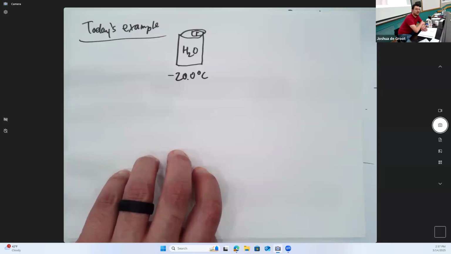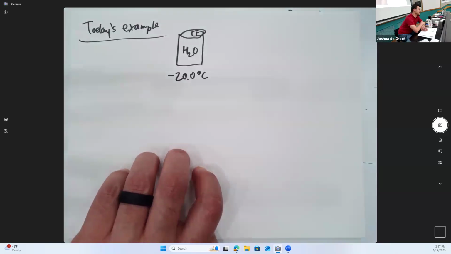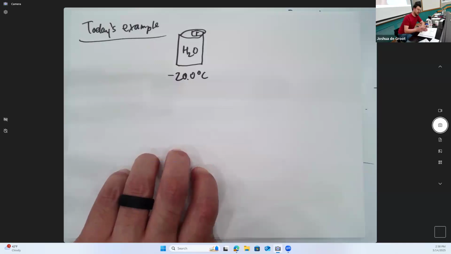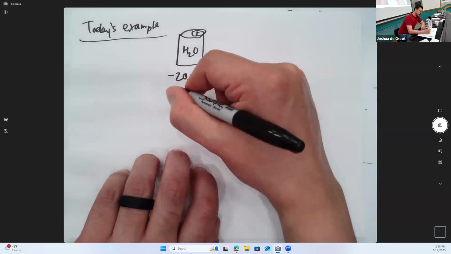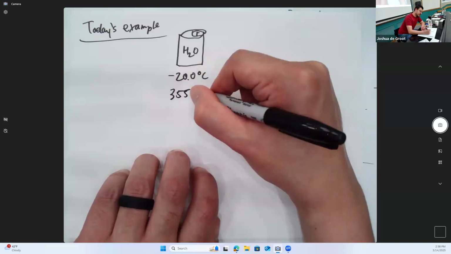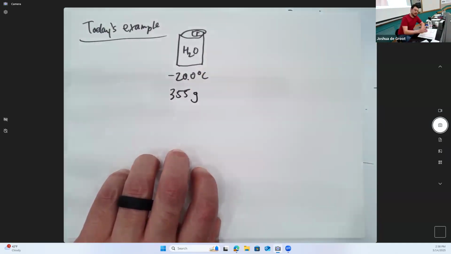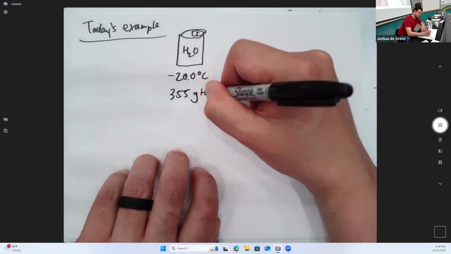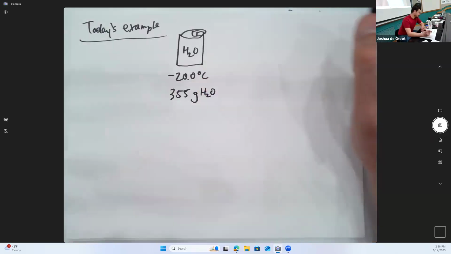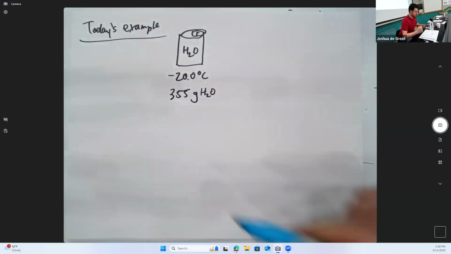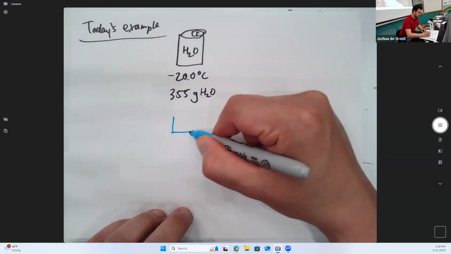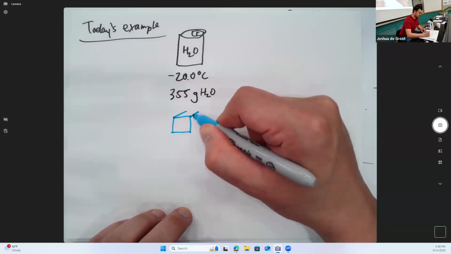A modern freezer in a home in Celsius, about -10, -20, depending on the manufacturer. And we have 355 grams of H2O. And right now, it's a frozen block of ice, essentially.